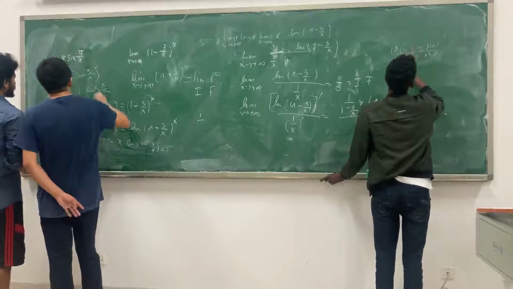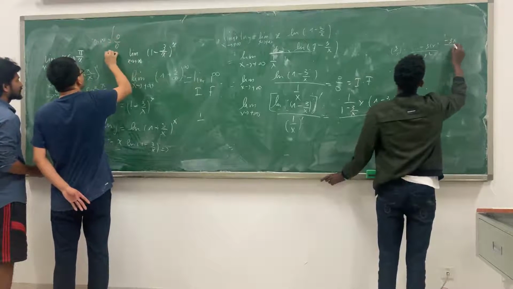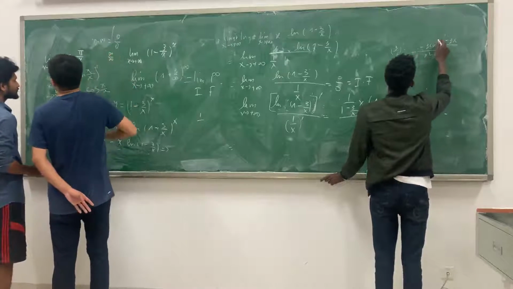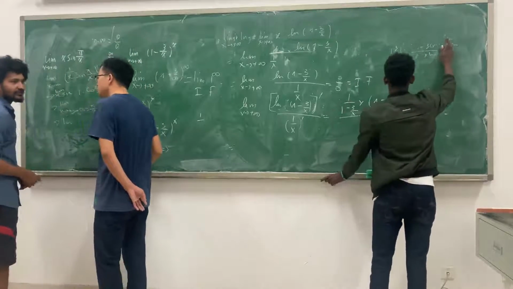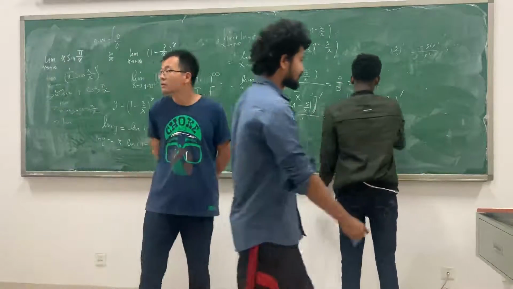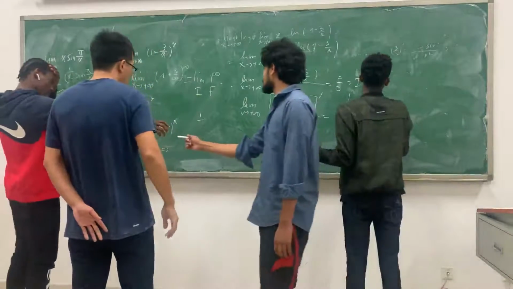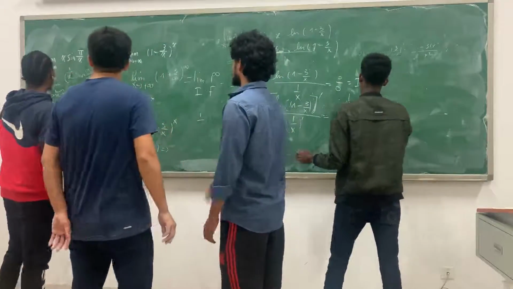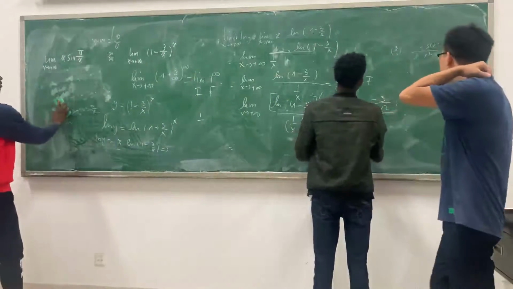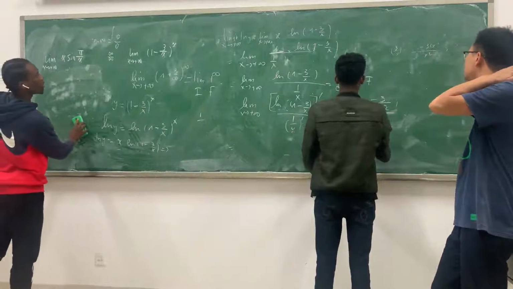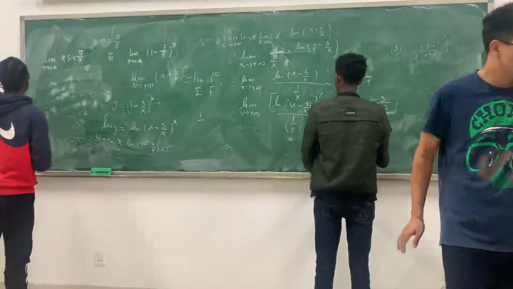So here you go. 0 times infinity, you can write it as 0 by 0 or infinity by infinity. So you must rewrite it to this form.